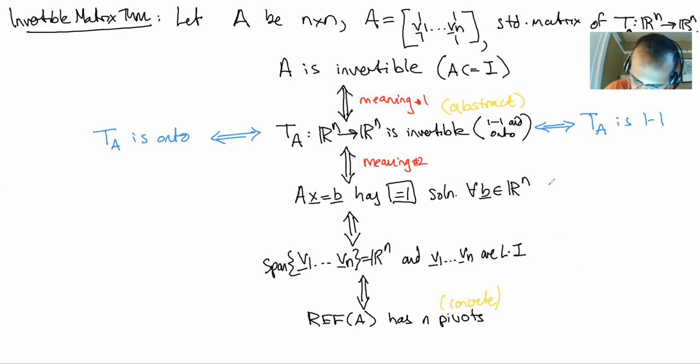Having exactly one solution for every B is the same thing as having at most one solution for every B, and is also the same thing as having at least one solution.